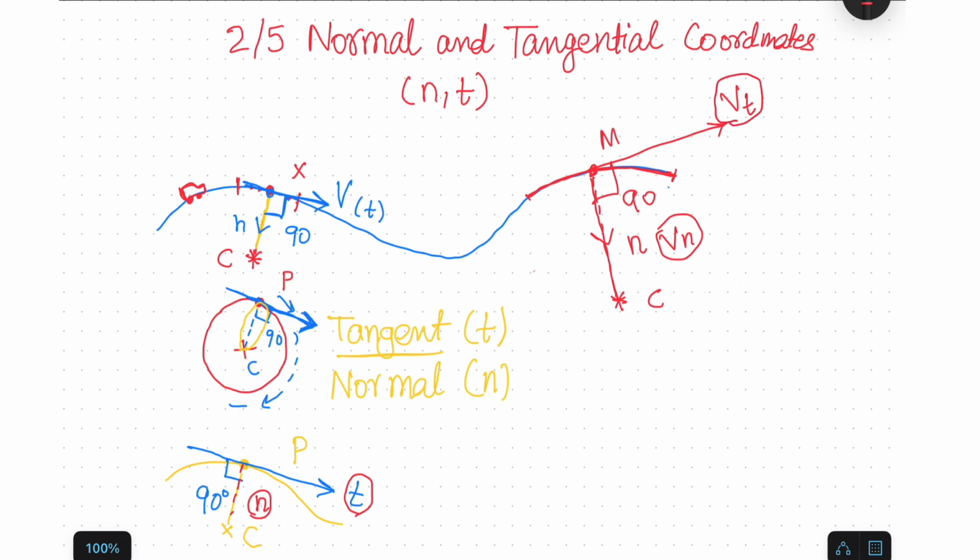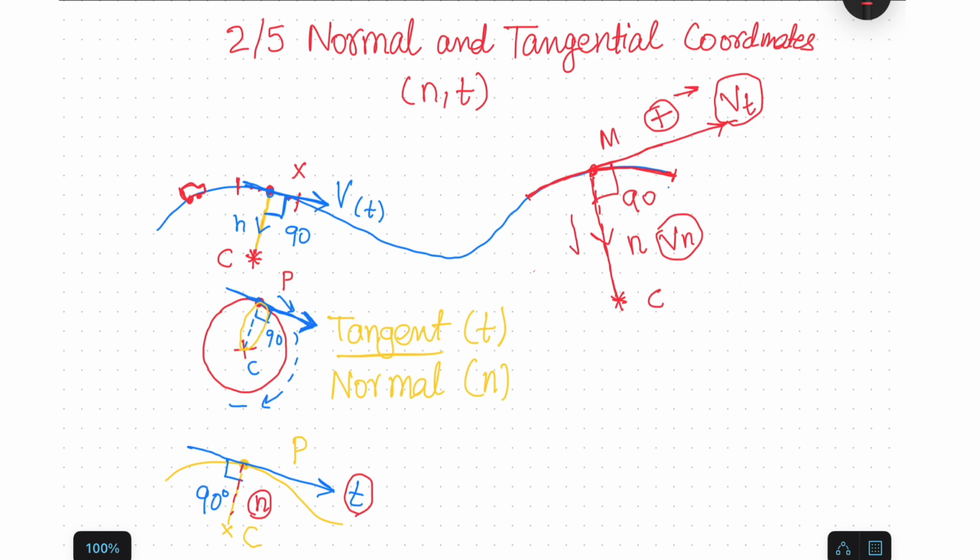So as per our convention, in the direction of the motion we take the tangential direction as positive. Okay, this will be positive, and normal is positive towards the center.